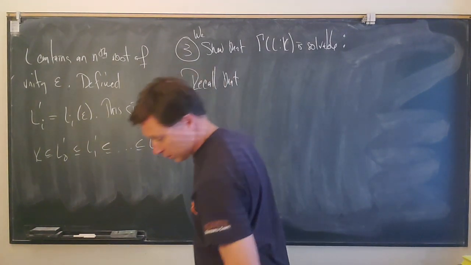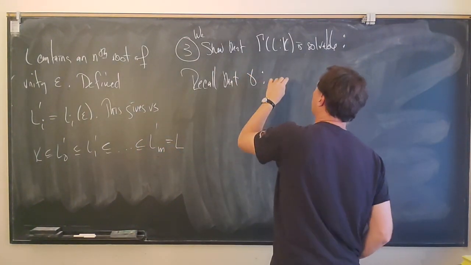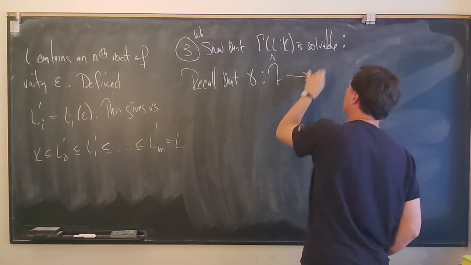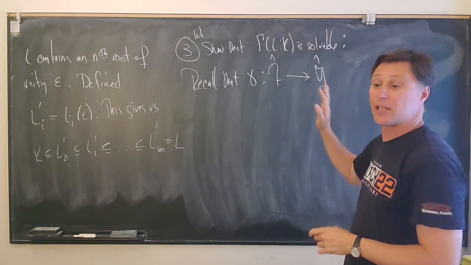Let's just recall that I want to look at the mapping gamma, right? That goes from script f hat to script g hat. And remember, one of the properties that it has, it's inclusion reversing.